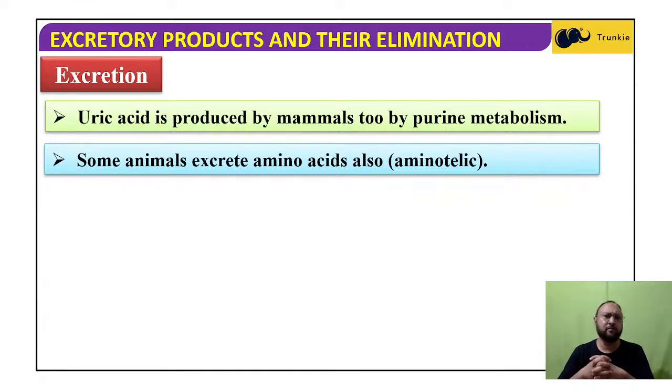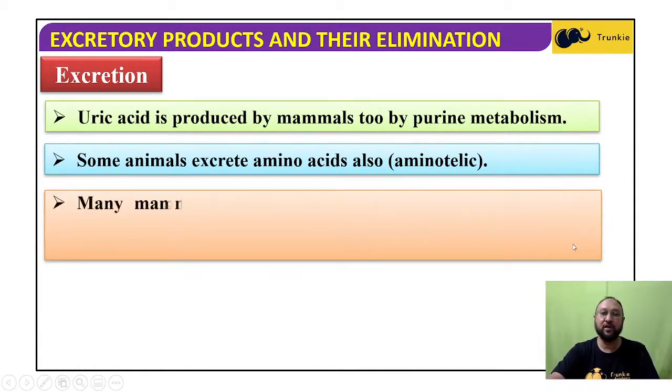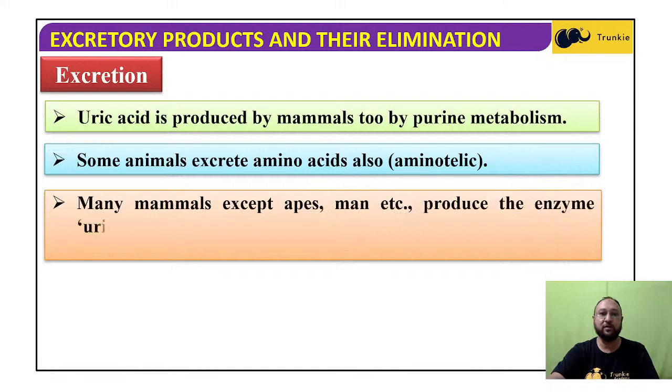Some animals excrete amino acid also. They are called aminotelic. In some cases, not very many, we find that they excrete amino acid, and they are called aminotelic, not ammonotelic, because they are excreting amino acid.